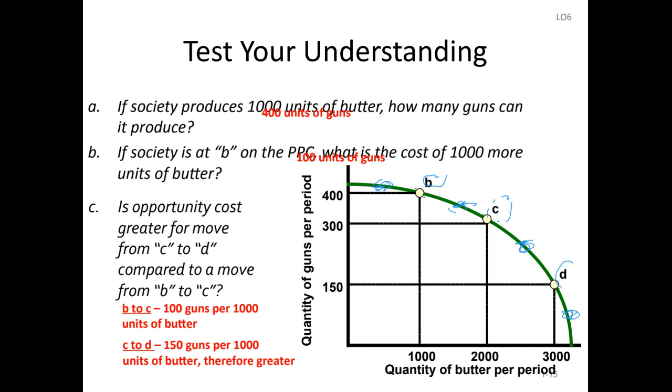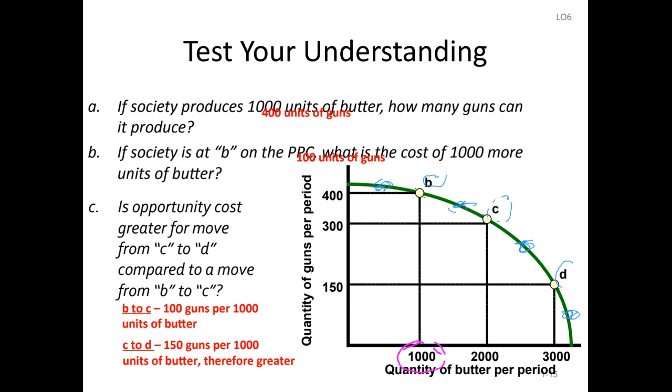If society produces 1,000 units of butter, so I will pick this butter 1,000, how many guns can it produce? If this country is producing 1,000 butter, then the maximum number of guns that this country can produce would be 400.